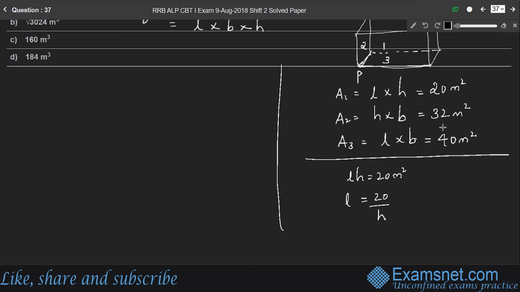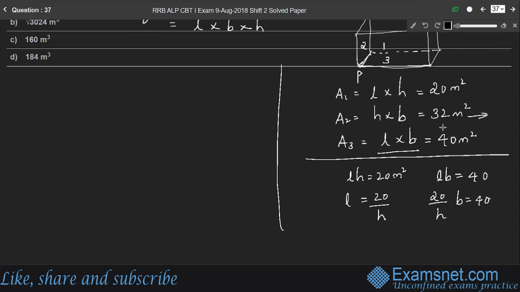Now consider the third area. Length into breadth is 40. But I'm considering length as 20 by H, so 20 by H into B is equal to 40. Let me express height in terms of breadth.